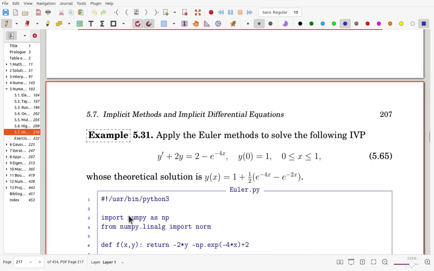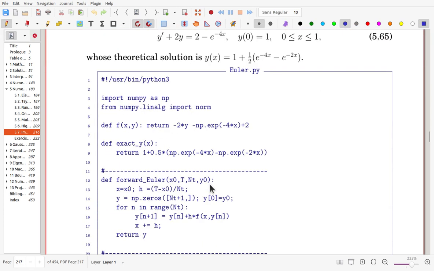Okay. Here we have an implementation. Apply the Euler methods to solve the following initial value problem. Now, x is from 0 to 1, and the analytic solution is given here. We are using Python. We first import numpy as np, and from numpy linear algebra we import norm to measure the error.